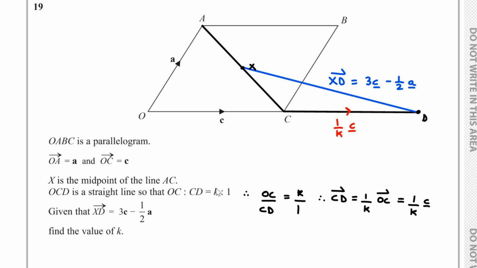Okay, so how does this help us? Well, what we can do is find out what AC is, and then find out what half of that is, from which we can find XD.